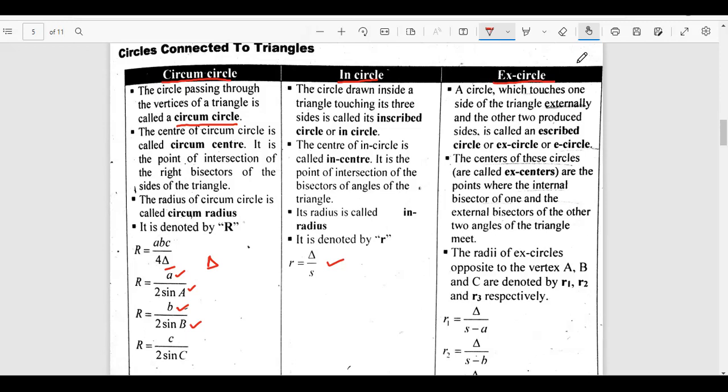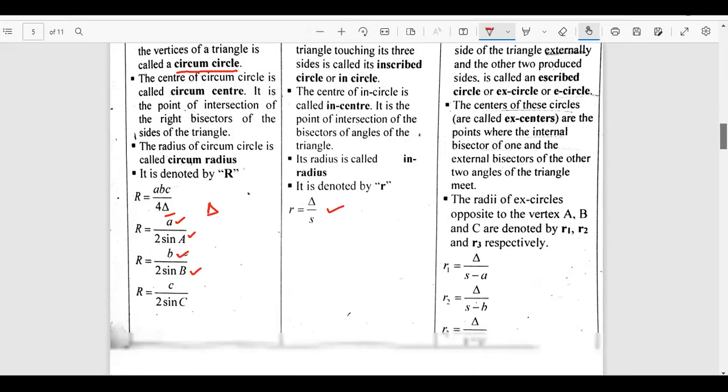All you need to understand is that this time around the circle is touching one side externally. The centers of these circles are called excenters, and are the points where the internal bisector of one and the external bisectors of the other two angles of the triangle meet. Let's go and see. You won't be able to understand it this way.